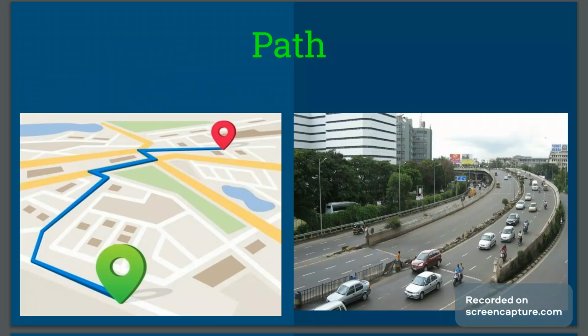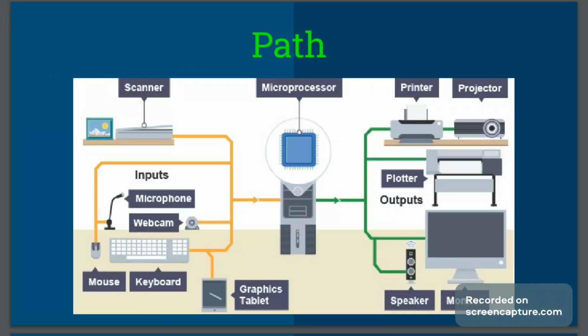Whenever we as human beings travel from source to destination, we need to have a road, a path through which we can travel. Of course, we cannot pass where we don't see any road or any secure path. Similarly, in the computer field, we have sources and destinations for input and output.